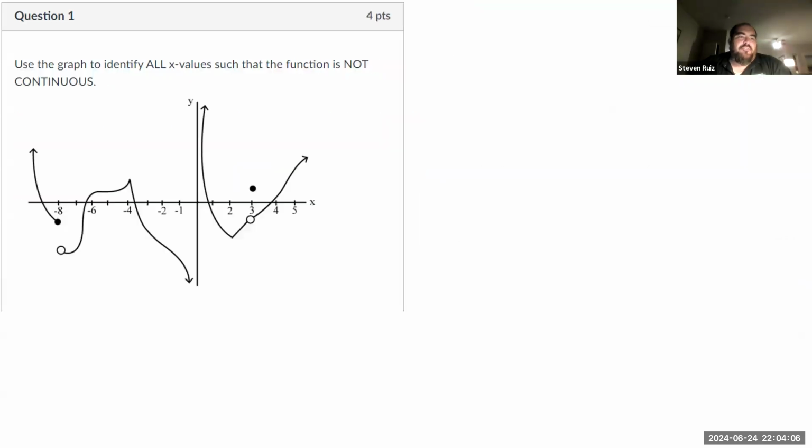All right, so that's part 2. Moving on to part 3. Use the graph to identify all x values such that the function is not continuous. Let's remind ourselves of the conditions for continuity.